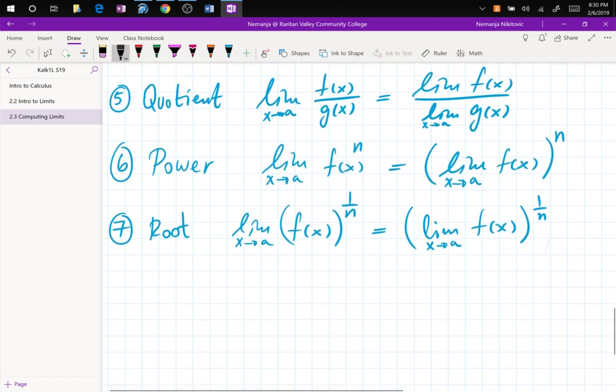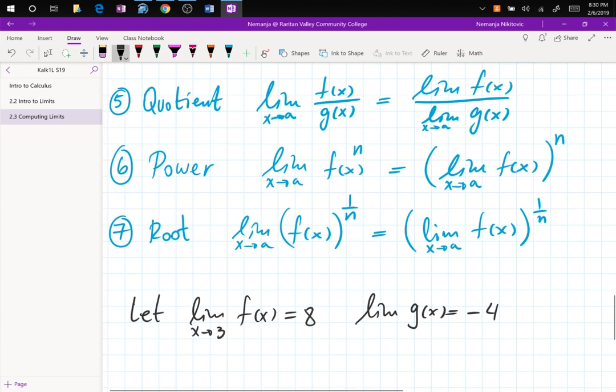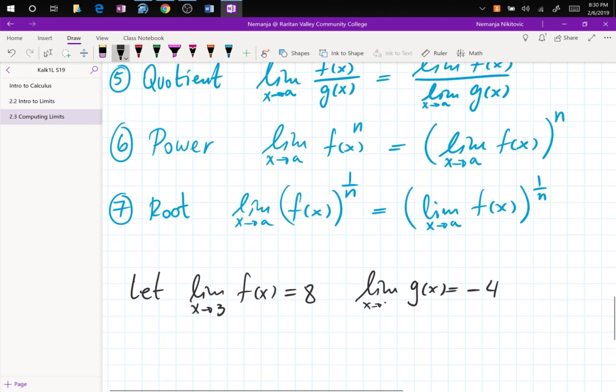So the very quick example for this would be, let the limit as x goes to, let's say, 3 of f of x. We don't know what f of x is. Let's say that's 8. Limit of g of x is negative 4 as x goes to 3. And let's say limit of h of x, you definitely have problems like this on the homework, let's say it's 1 as x goes to 3.